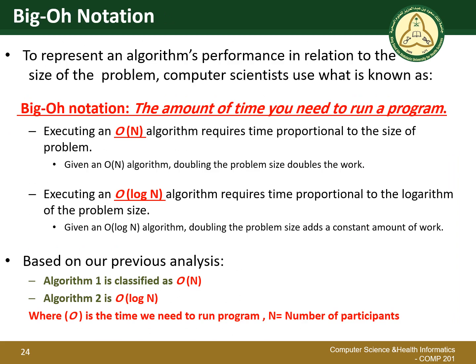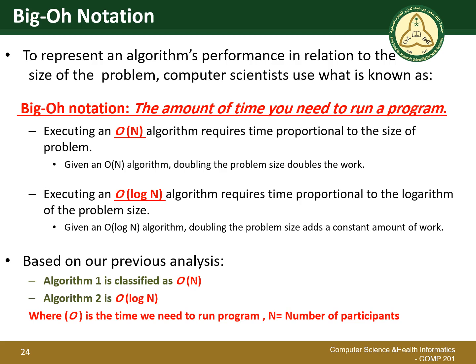In computer science, we call the amount of time you need to run a program big O notation. So big O notation is a term that means the time you need to run a program. When we classify an algorithm as big O notation n, it means the program requires time proportional to the size of the problem.